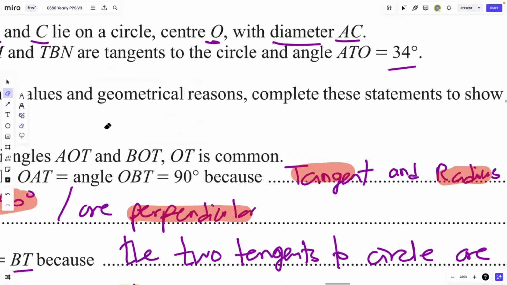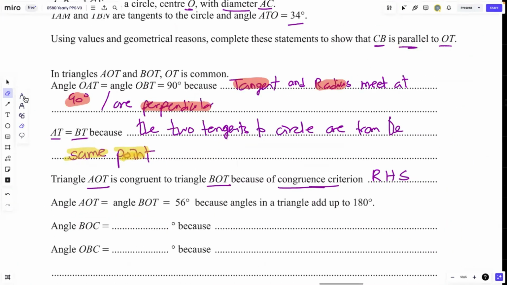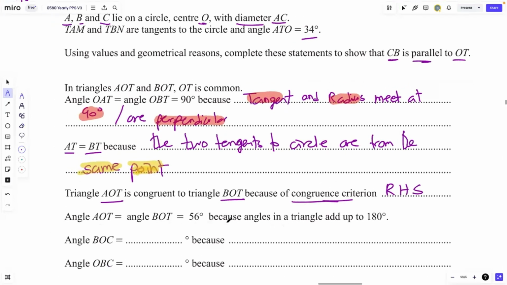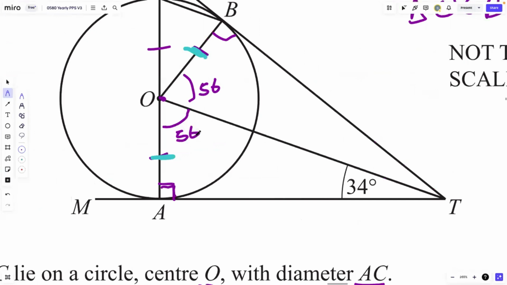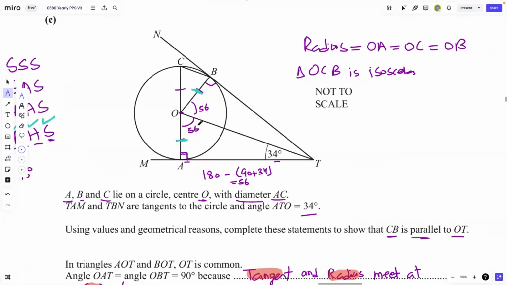They are the same, 56 and 56, because angles in a triangle add up to 180. These 56 are found by subtracting 90 plus 34, the other two angles that we have here, from 180. So we get 56. That is what they explained. That's why the third angle in both triangles is 56, because the sum of angles in a triangle is 180.